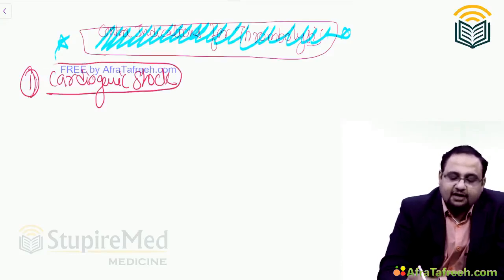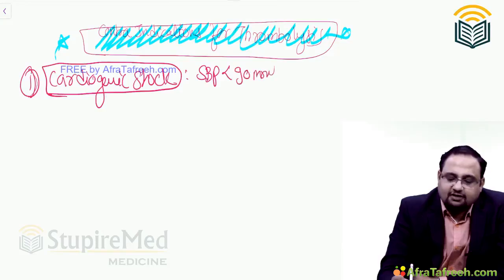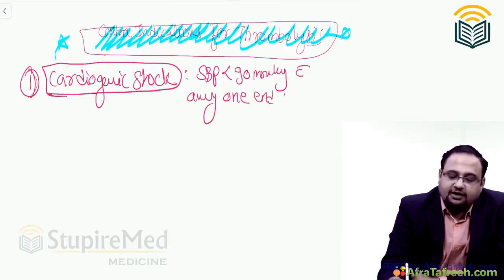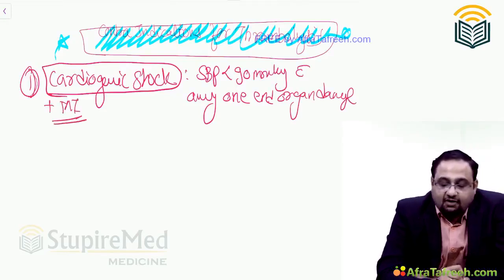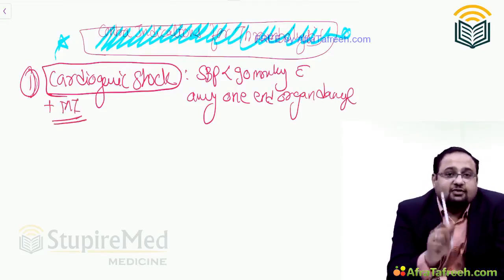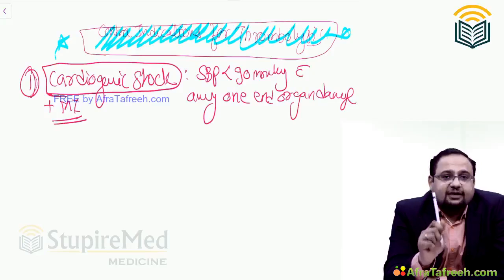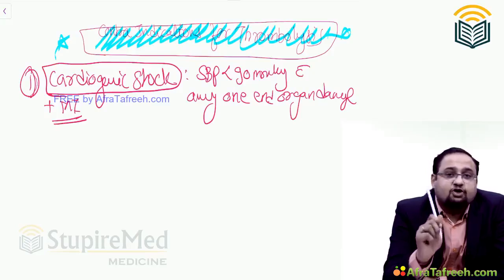That means systolic blood pressure is less than 90 mm of Hg with any one end organ damage. If you have cardiogenic shock with ST segment myocardial infarction, remember one thing, friends: thrombolysis cannot be used in non-ST segment elevation myocardial infarction. Please make a note of it.